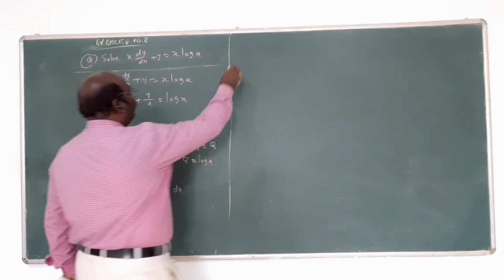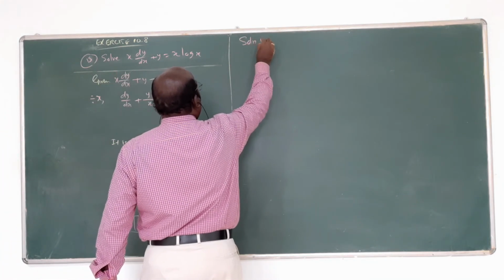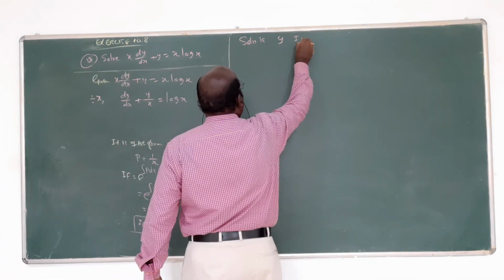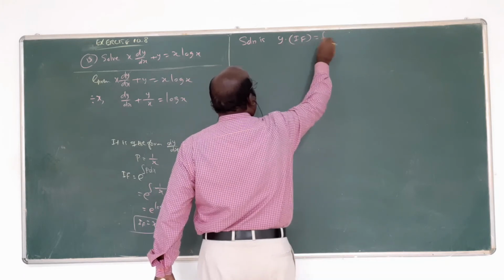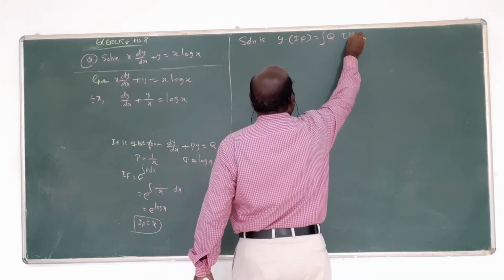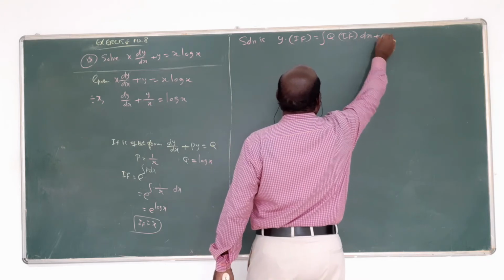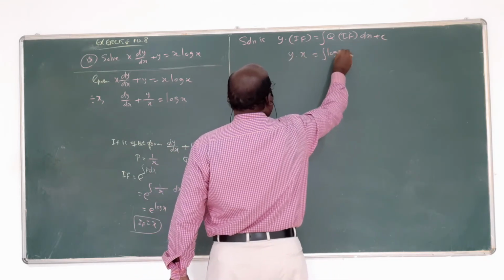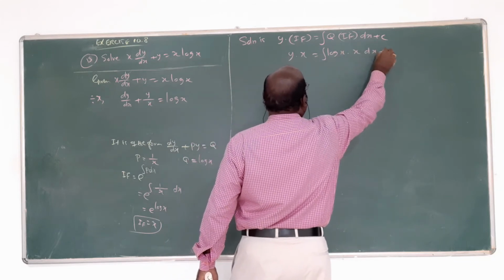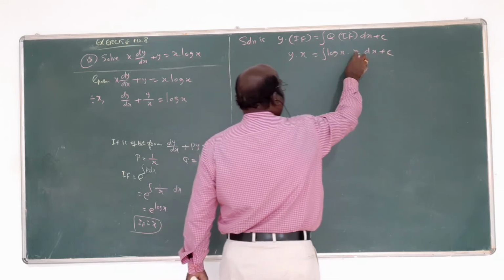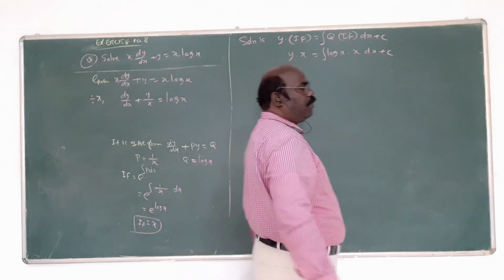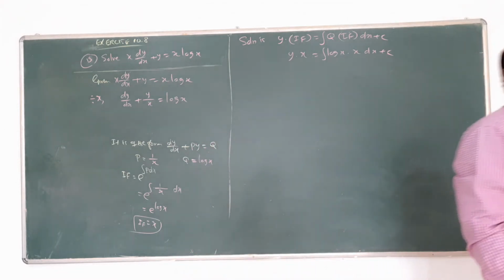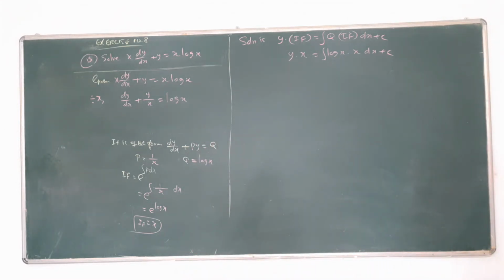Now write the formula. The solution is y into integrating factor equal to integration of Q into integrating factor dx plus c. So y into x equals integral of log x into x dx plus c. Now log x is a logarithmic function, therefore we use the integration by parts formula.